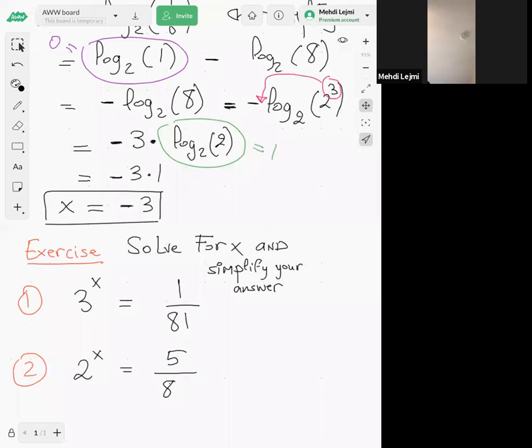Yes, Samira, you can do that with a natural log. Yes, that's one possible answer. Absolutely, with a natural log. We can also apply a log in base 2. There are actually different ways to solve it, but your answer is correct.